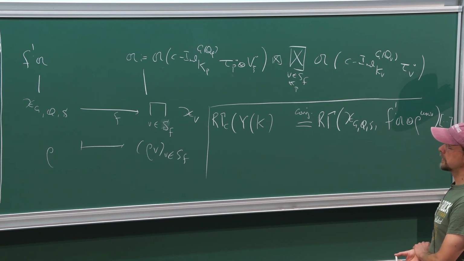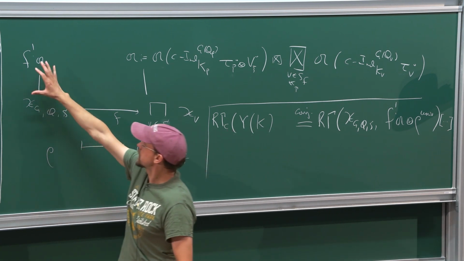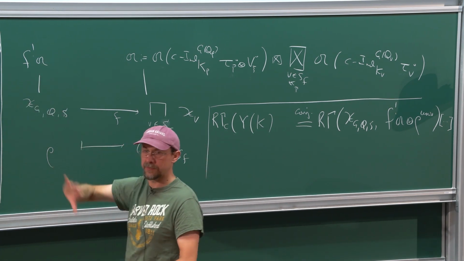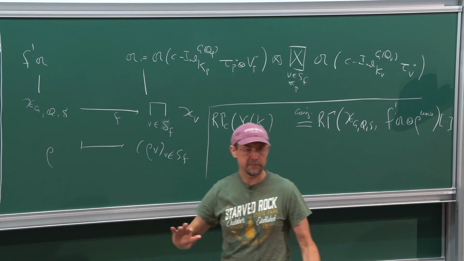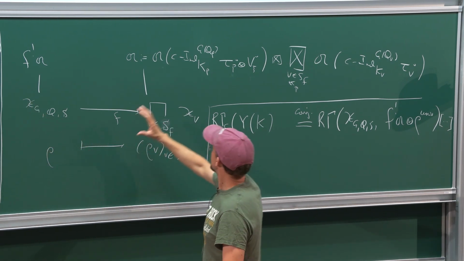And so that's a sheaf on the global stack whose support is measuring the global Galois representations.